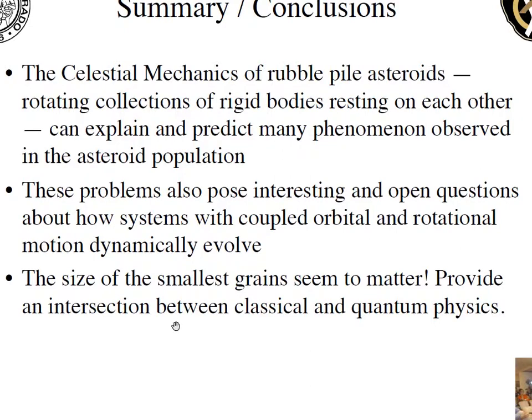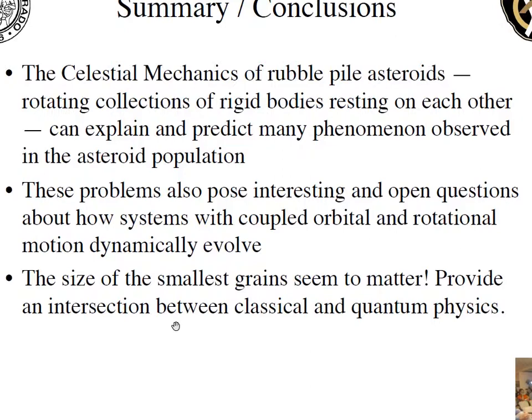What I can conclude, I think, is that the celestial mechanics of rubble pile asteroids, really these rotating collections of rigid bodies resting on each other, when appropriately applied, can explain and predict many phenomena observed in the asteroid population. As you go through this, we actually find many interesting questions that need to be answered for this process to be better understood.